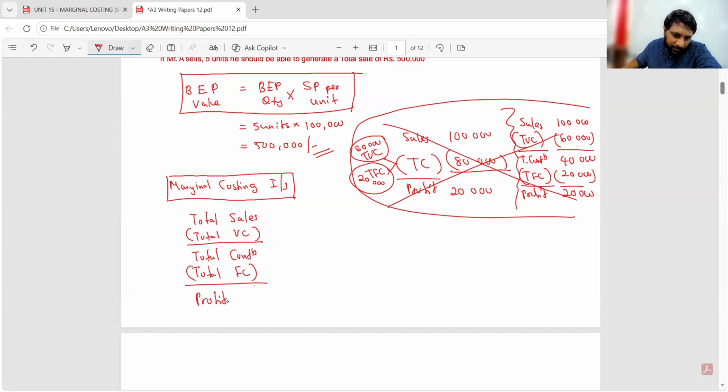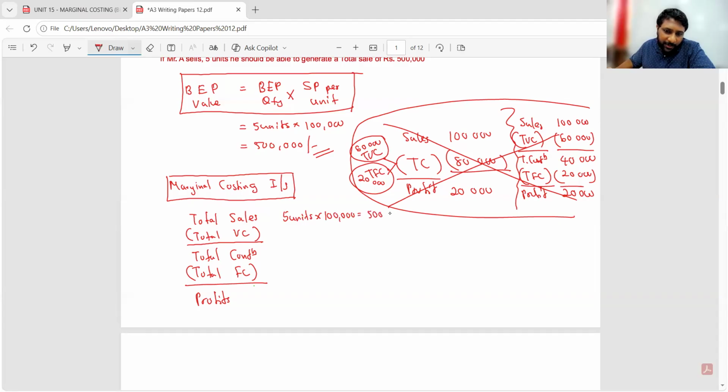Look at this. Now in this Mr. A's example, we are selling laptops. Yes or no? What did I tell you? 5 laptops, 5 units. Each unit at a price of 100,000.